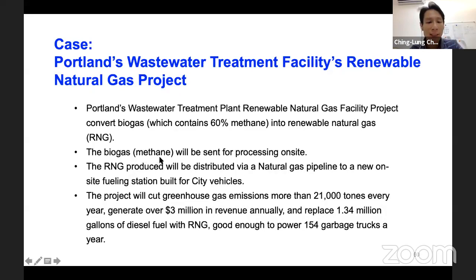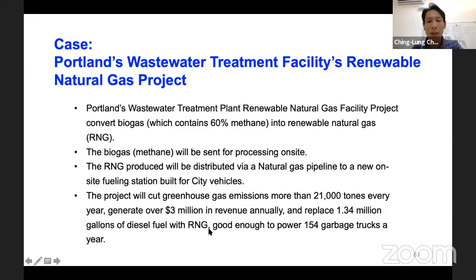The biogas, the methane, will be sent to the process on site. So this project will cut greenhouse gas emissions by more than 20,000 tons every year, generate more than 3 million in revenue annually, and replace 1.34 million gallons of diesel fuel.